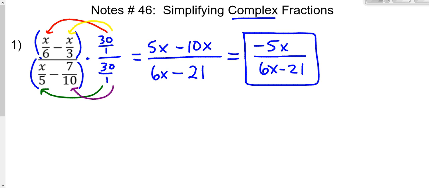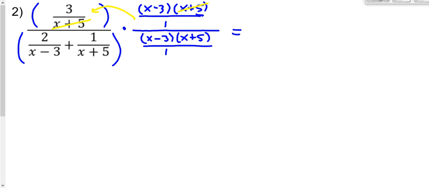Like when I had the 30 and the 6, I didn't do that, and that's because I needed to still use the 30 for the next fraction, and I didn't want to forget about that. So just be real careful when you're crossing things out. If you have to use it again, when you cross it out, you might forget to use it again. Okay, so moving on. Now the numerator is 3 times the quantity x minus 3.